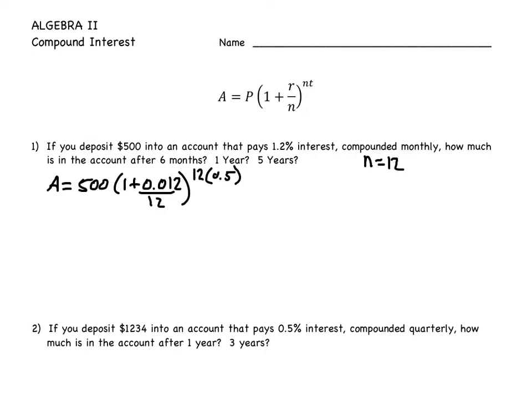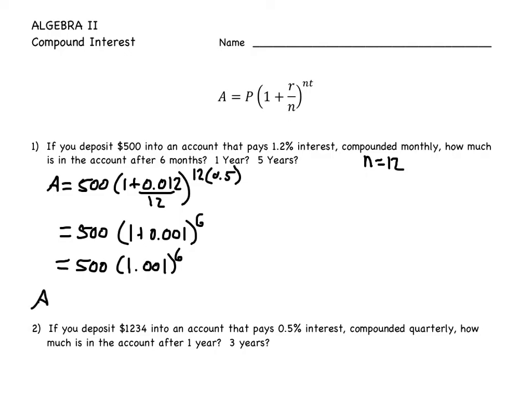I would simplify this down before I do anything else. So 500 times, you are going to need to take your calculator and take 0.012 divided by 12. That's 0.001, and you're going to want to take 12 times 0.5. That's 6, half of 12, right? I would simplify farther. 500 times 1.001 to the 6th power. Now we want to actually crunch some numbers.